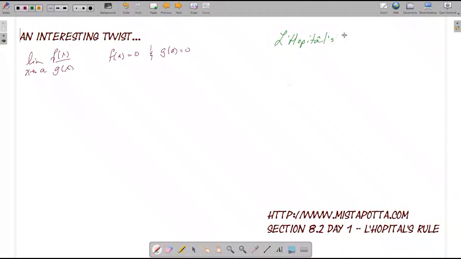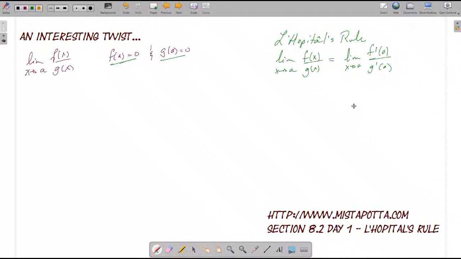L'Hopital's rule basically says that if I'm looking for the limit as x approaches some value a of a ratio of two functions, and it's true that f of a is 0 and g of a is 0, then this actually ends up being equal to the limit as x approaches a of f prime of x over g prime of x.